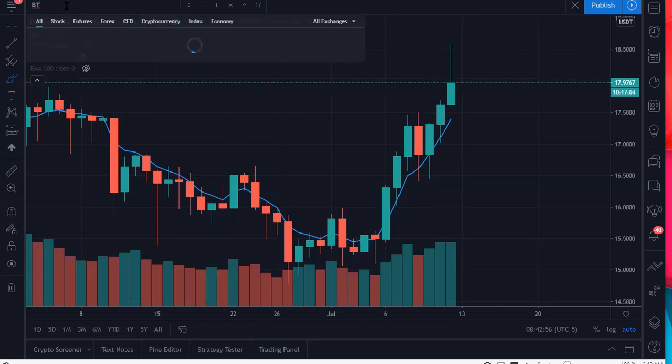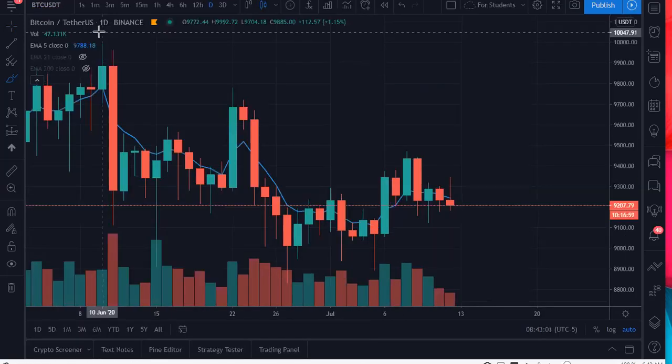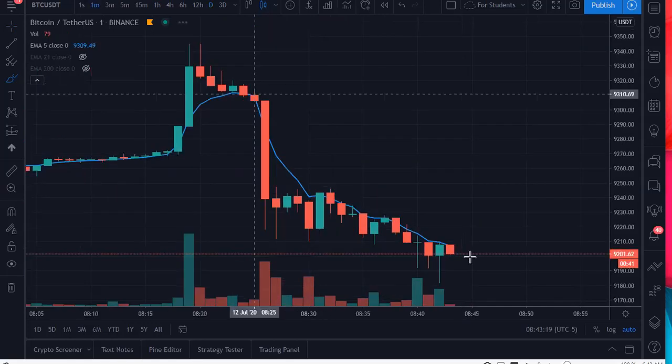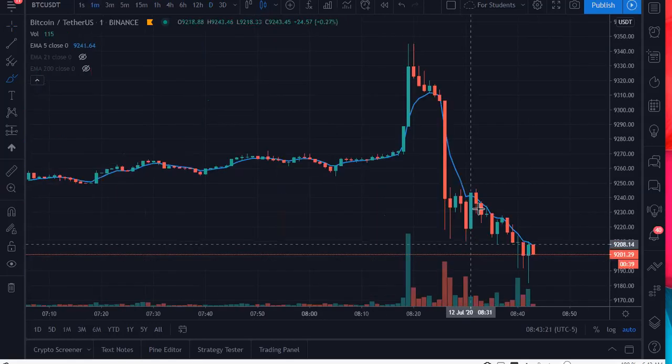BTC USDT, and look at Binance for a reference point. Okay, so Bitcoin is taking all of these down. It was green. Did you see how much it was up and now it's down? So Bitcoin did this.